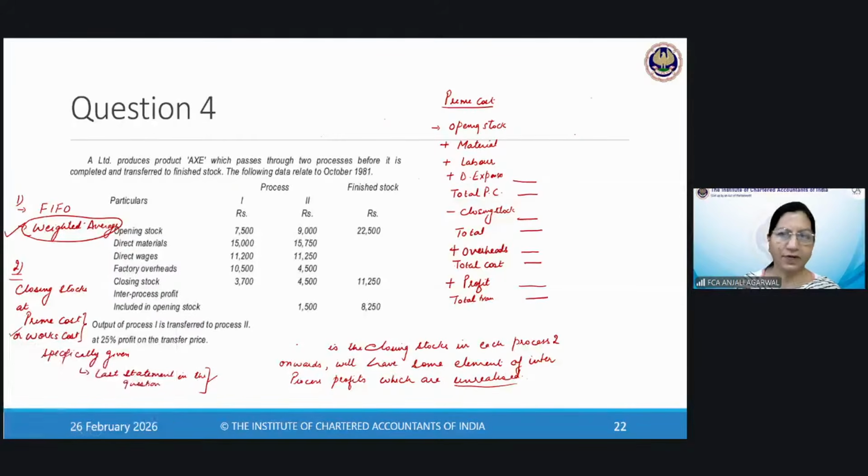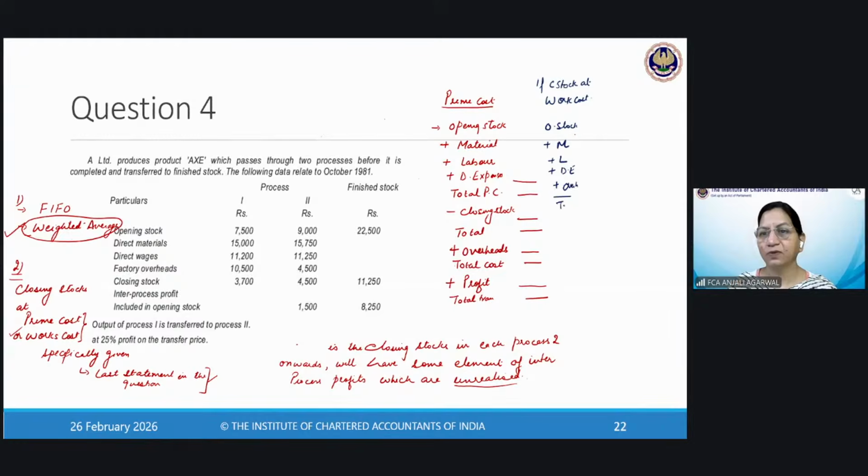Had this been valued at works cost, so if closing stock is valued at works cost, then you will have opening stock plus material plus labor plus direct expenses plus overheads.